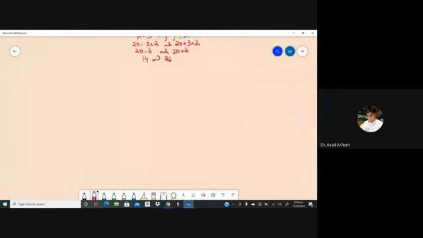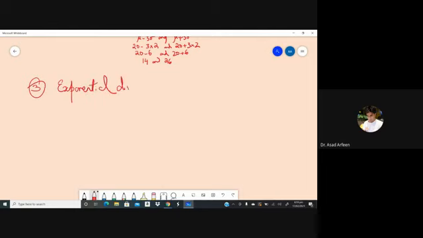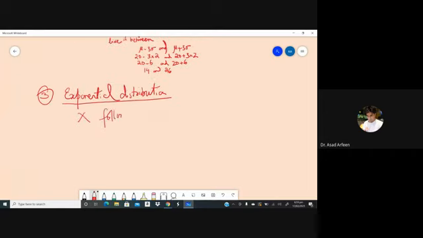The third distribution is the exponential distribution, and obviously a random variable x follows the exponential distribution with this one parameter lambda.